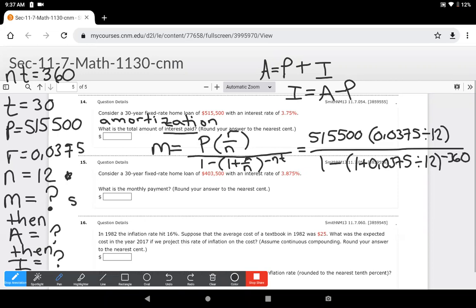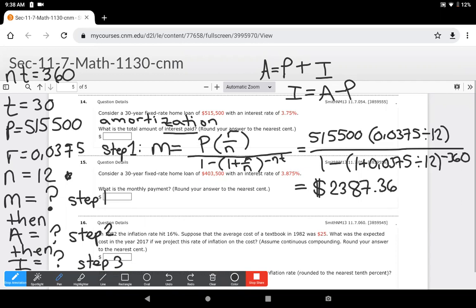So step 1, step 2, and step 3, right? These are the questions we're asking. So here we are in step 1, where we're finding the monthly payment. So the monthly payment, the mortgage payment, if you will, is going to be 2387.36 if you were actually paying the bank, but we have to carry this forward.